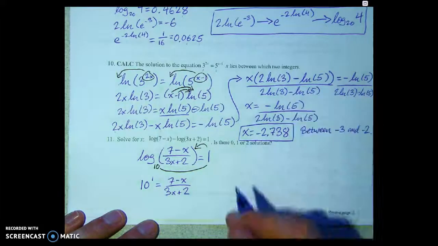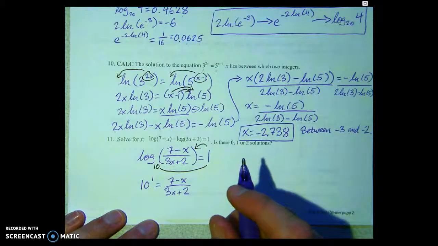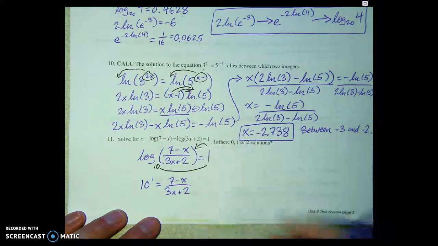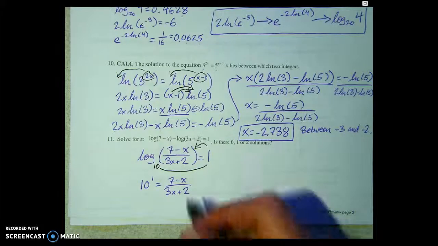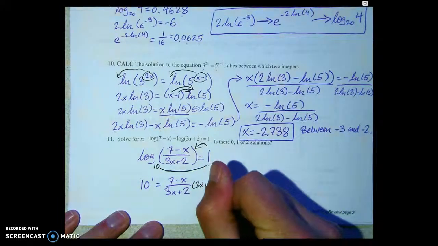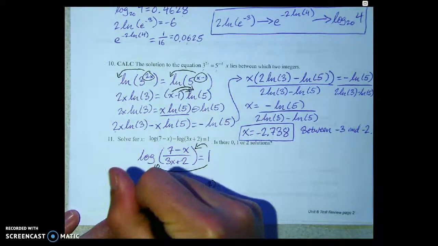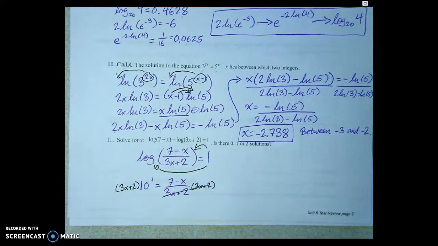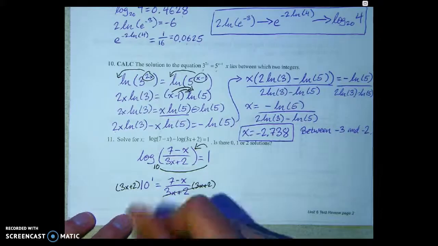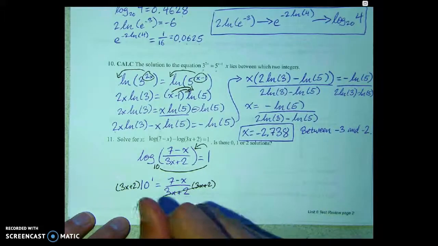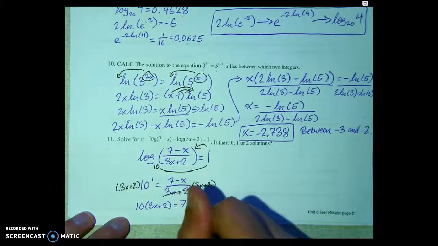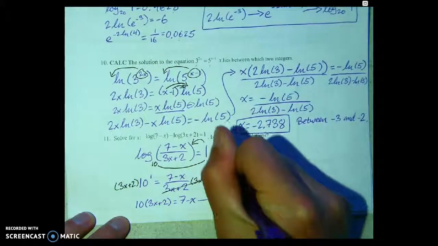Okay, so how am I going to get x by itself? Well, first thing I want to do is multiply both sides by 3x plus 2. So I'm going to take 3x plus 2, multiply it there and also over here. And it goes away on the right hand side, and on the left we're left with 10, because 10 to the 1 is just 10, times 3x plus 2 equals 7 minus x. Let's bring that right up here.